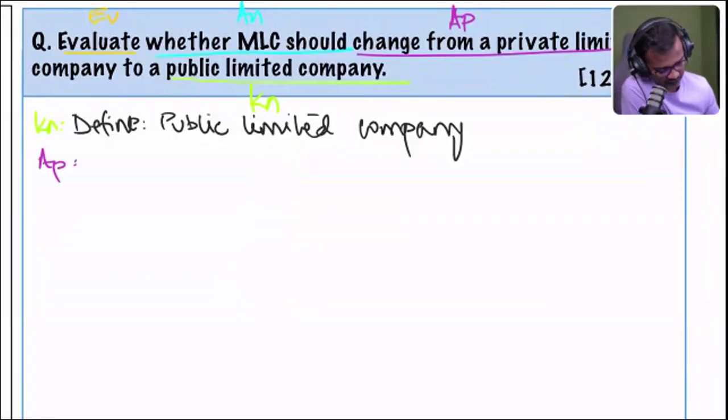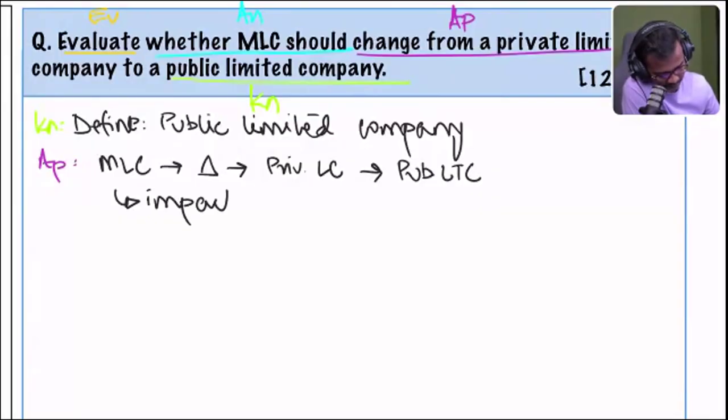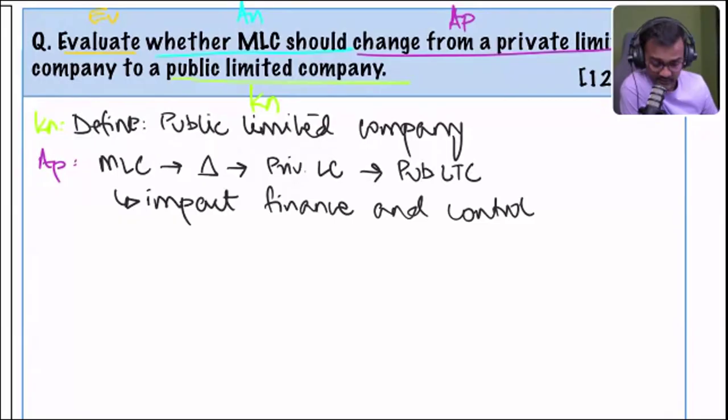So this one, you would say that MLC is right now changing from a private limited company to a public limited company. And what that will do is that it is going to impact finances and the control in MLC.